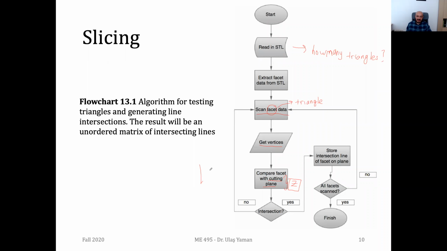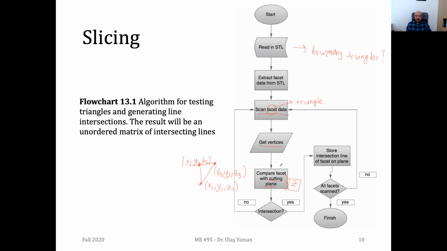So if, let's say again, this is a triangle we are working on, we have the vertices, we have the information about these vertices, let's say, and this is a second one. And finally, this will be the third vertex. Okay.